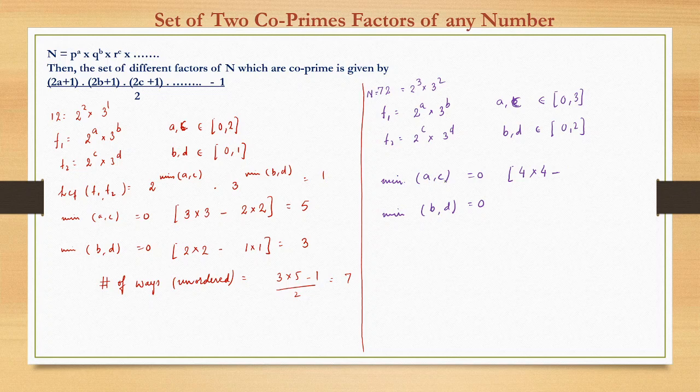They would have taken a value of either 1, 2 or 3. So A takes those three values, 1, 2, 3, and C also takes those three values 1, 2, 3. In this fashion, neither A nor C is 0, so we are subtracting those cases. So this is nothing but 16 minus 9, which is 7.